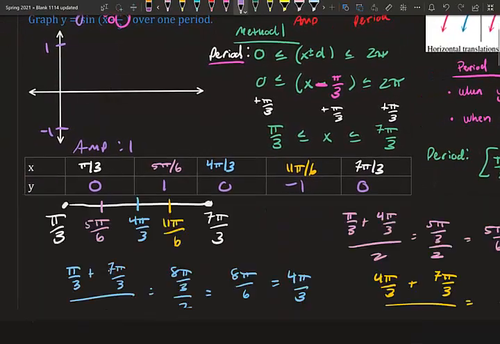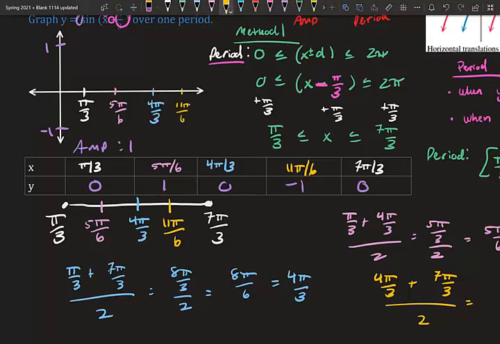So on our x-axis, our first point is pi over 3. Then we have 5 pi over 6, then 4 pi over 3, then 11 pi over 6, and last we have 7 pi over 3.